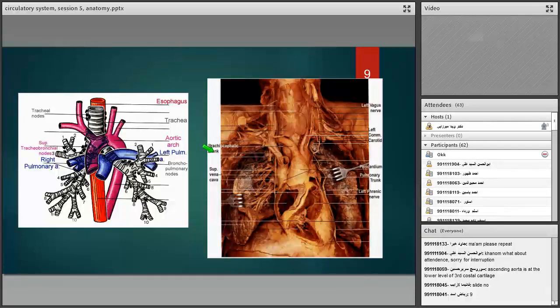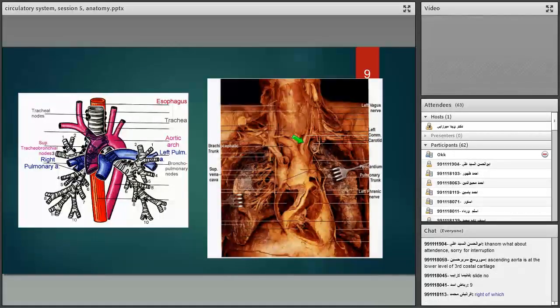The second branch of the aortic arc here is the left common carotid artery. And the third branch, right of the midline, midline of the body, the sagittal plane, the mid-sagittal plane.